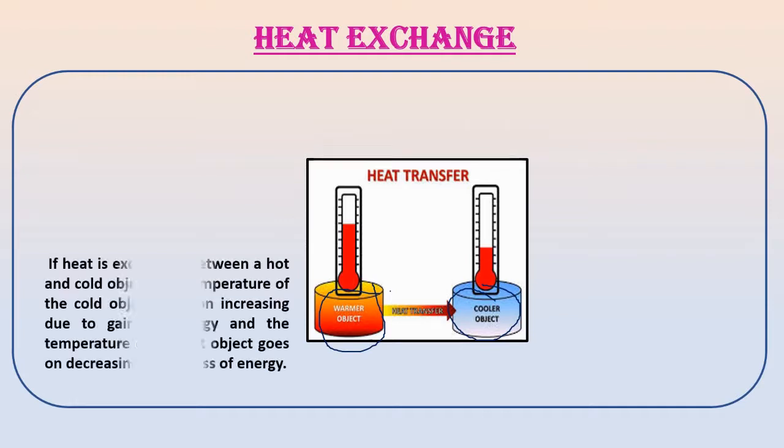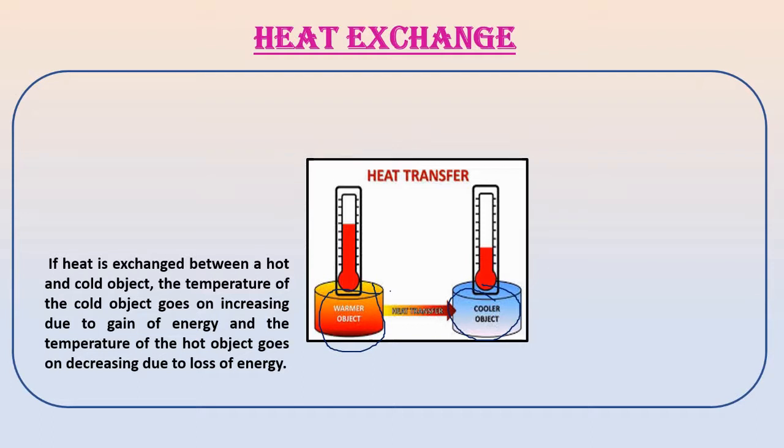Okay. So if heat is exchanged between a hot and a cold object, the temperature of the cold object goes on increasing due to gain of energy, and the temperature of the hot object goes on decreasing due to loss of energy. Now over here, between the warmer object and a cooler object, heat exchange is occurring.